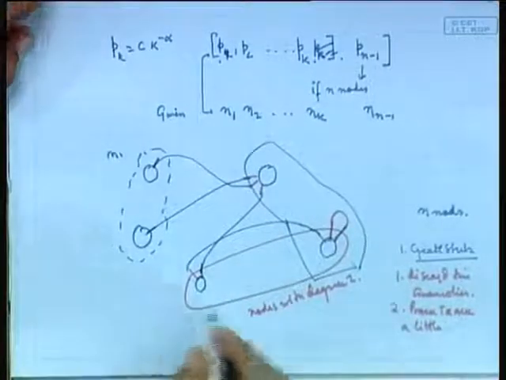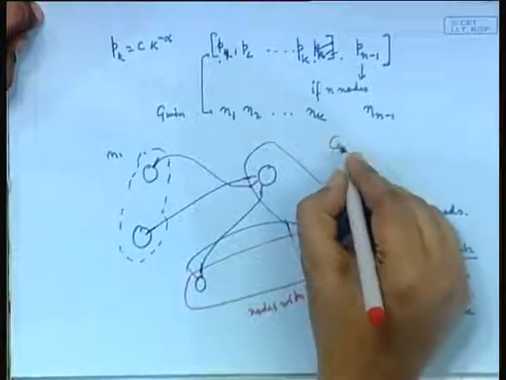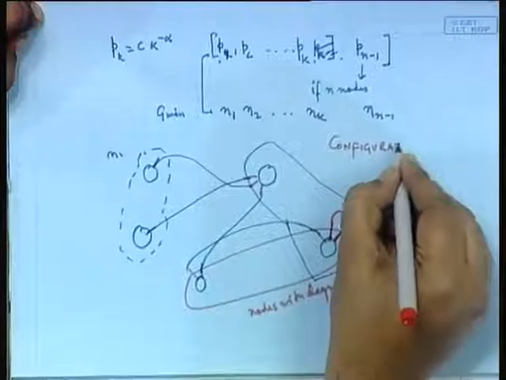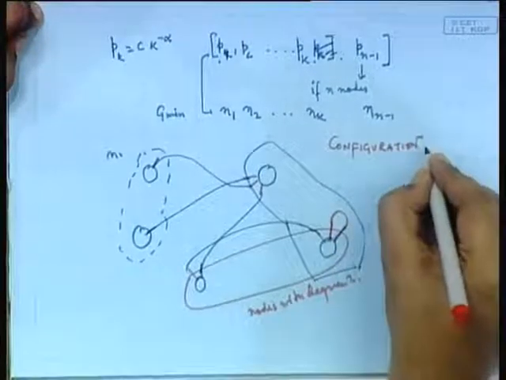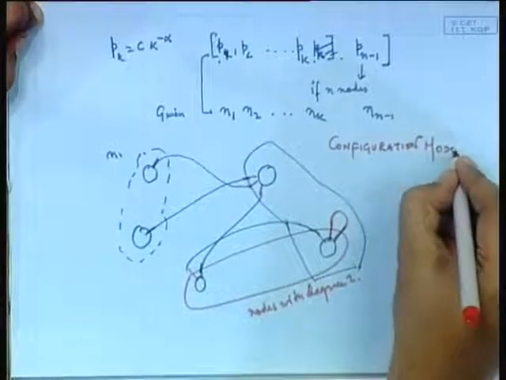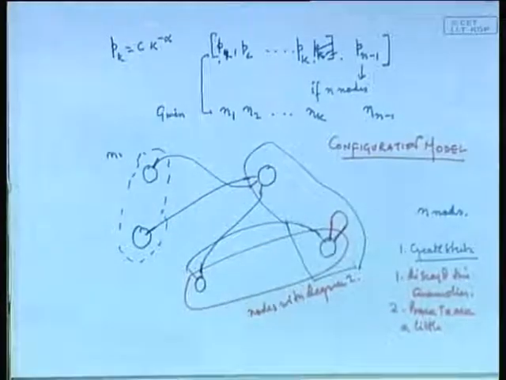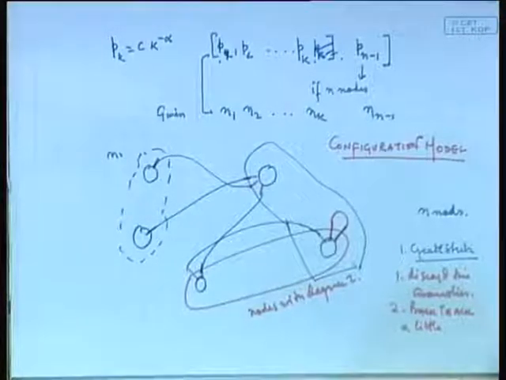So, this is what is popularly called a configuration model. No, not the stubs, the links.